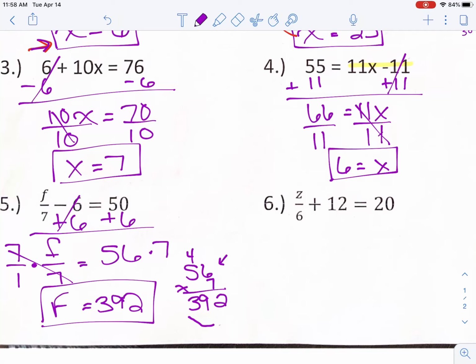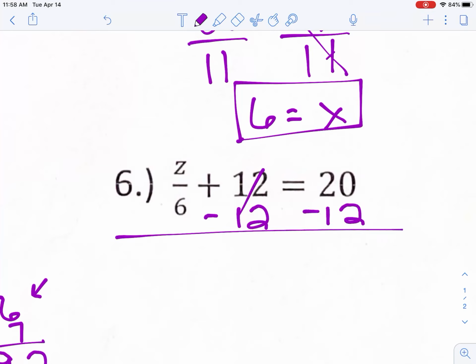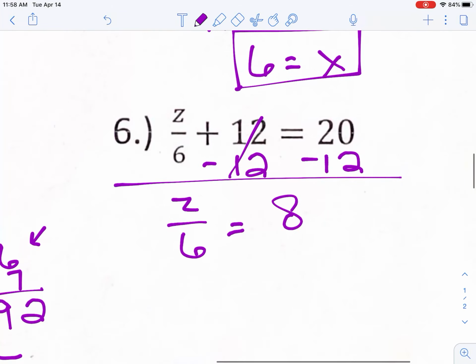And the last one, I encourage you to stop the video, pause, see if you can do it on your own, and then maybe unpause and see if you got it correct. This one says z divided by 6 plus 12 equals 20. Again, undo addition and subtraction first. So the inverse of adding 12 is subtracting 12 from both sides. 20 minus 12 is 8.